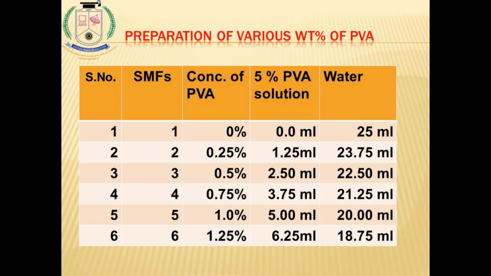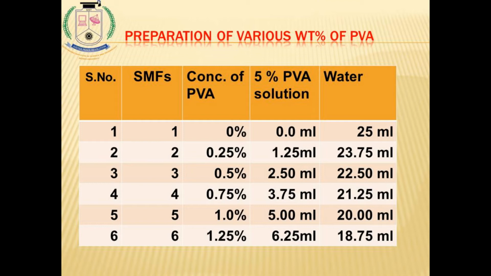And in the fourth SMF, 3.75 ml of 5% PVA solution and water is 21.25. And in the fifth SMF, 5 ml of 5% PVA solution and 20 ml of water. And in the sixth SMF, 6.25 ml of 5% PVA solution and 18.75 ml of water. Okay.